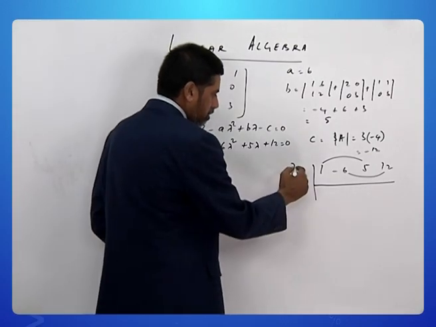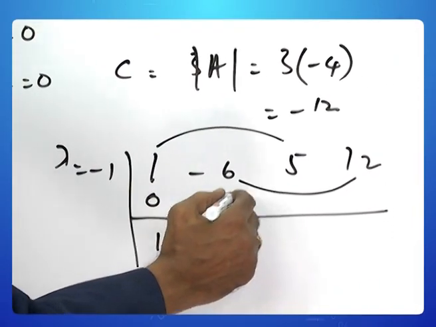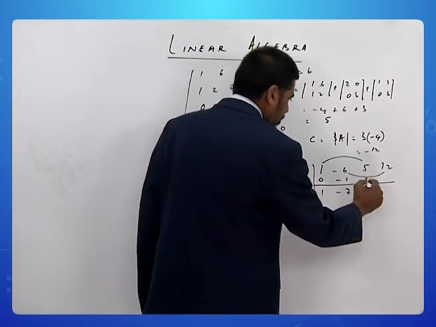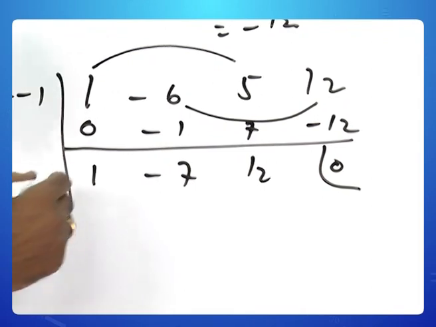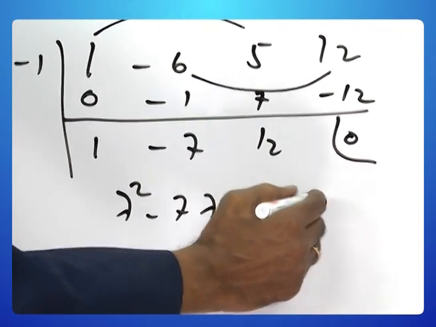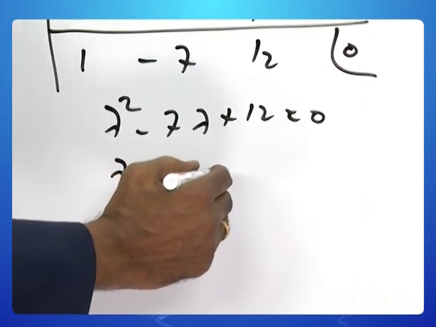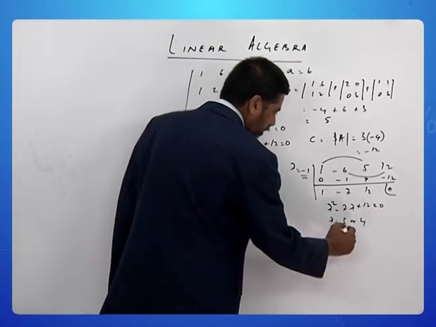That makes lambda is equal to minus 1 a guaranteed eigenvalue. So if you factorize this quadratic, you will get lambda is equal to 3 or 4. So minus 1, 3, 4.